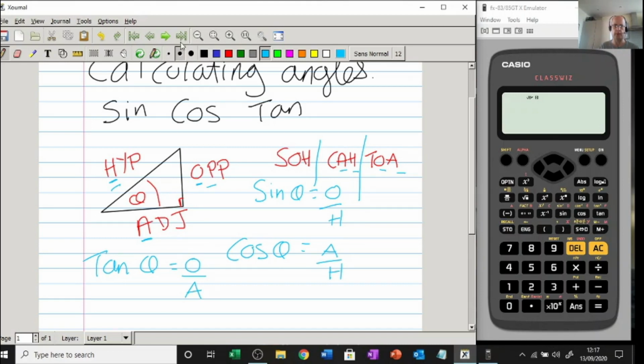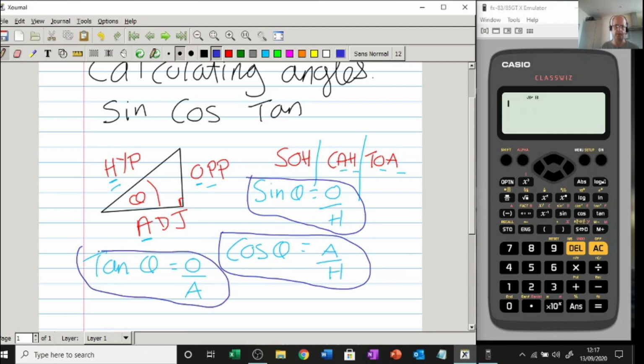Hopefully this shouldn't be new to people if you've done a certain level. So SOHCAHTOA: sine, cos and tan, and they're on your calculator. We'll just do some examples on that.